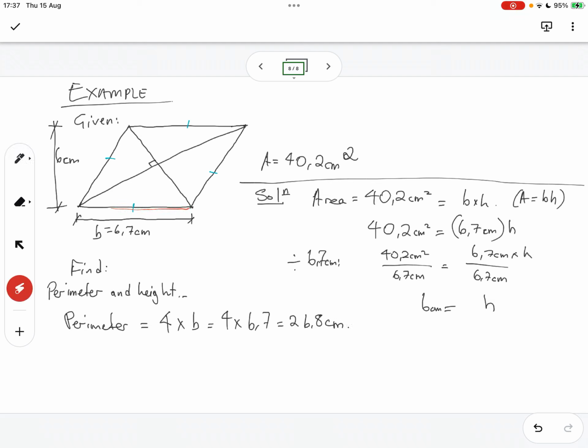So if we were to walk around, we're so small that we could fit here, and we were to walk around the perimeter, we would travel a distance of 26.8 centimeters.